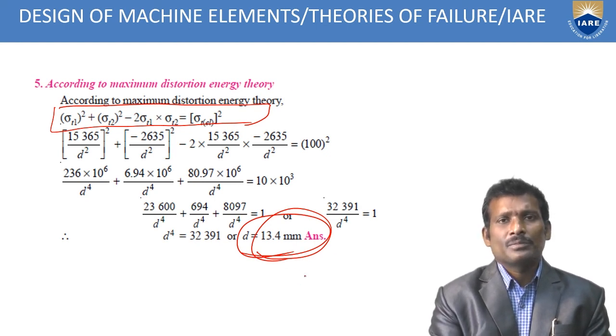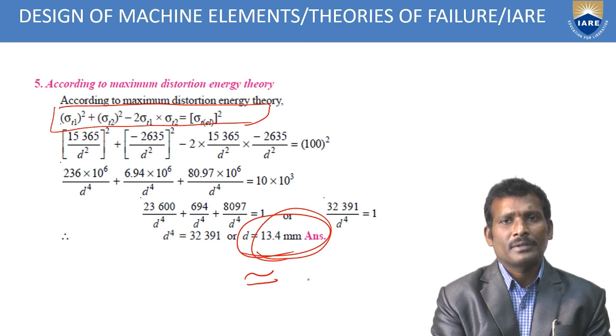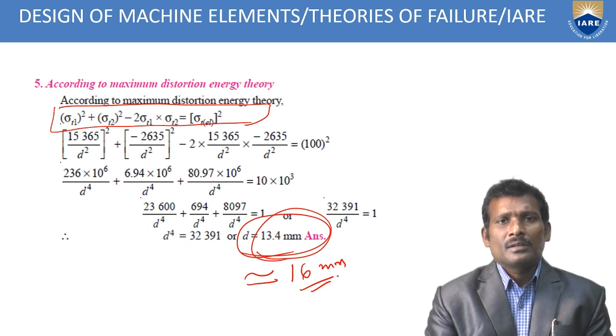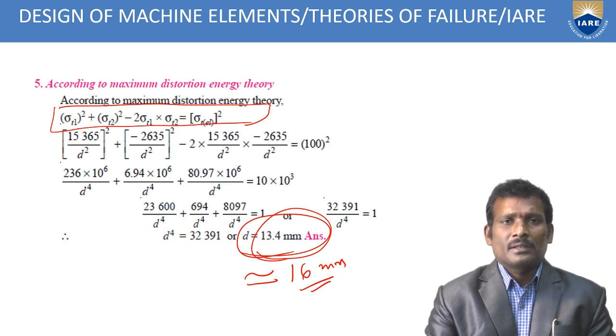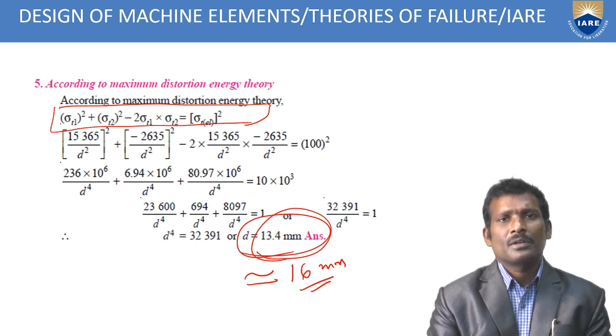Clear? So the diameter is 13.4. We can say the standard diameter you can take is 16 mm. So like that you have to apply the theories of failure for a given problem.